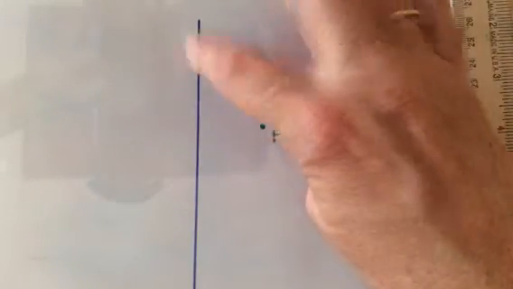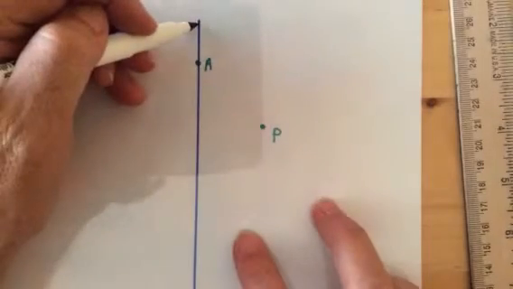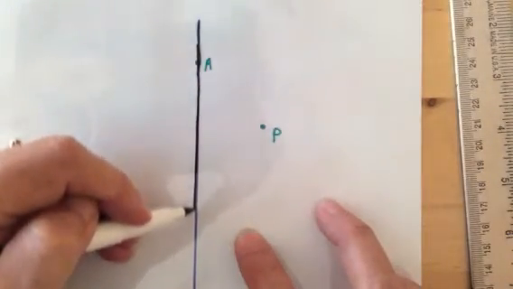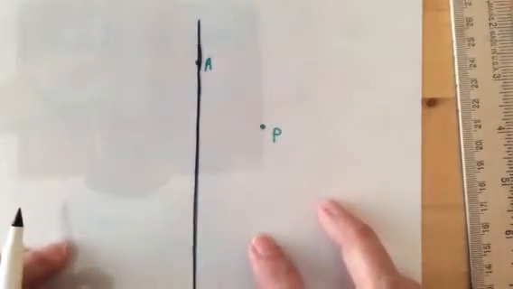I've drawn a line, L, a point on the line, A, and then a point over here off the line, point P. And I'm just going to quickly reflect this. Sometimes it's hard to draw a straight line.